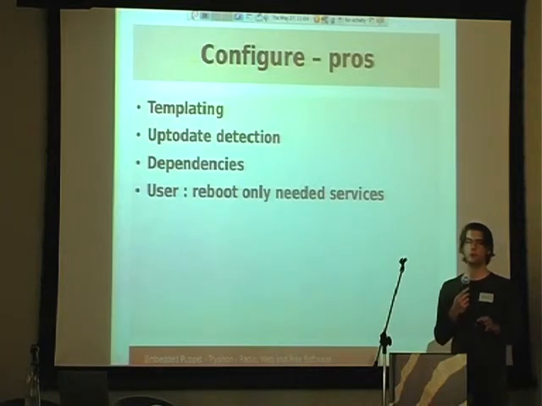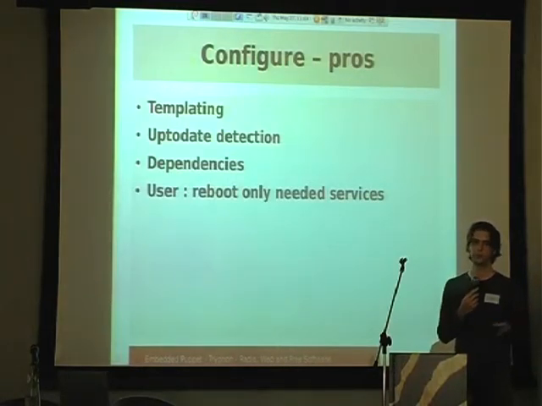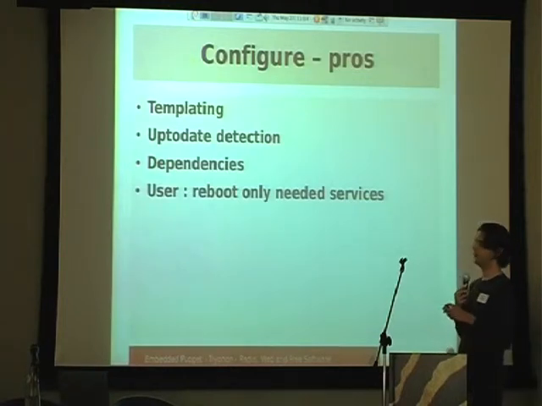There is a good thing, there is a bad thing on this system. There is a good thing like templating, because you don't have to create a Perl script, a shell script, a readable script for each file you have to manage. You have an up-to-date detection, so it leads to this feature.